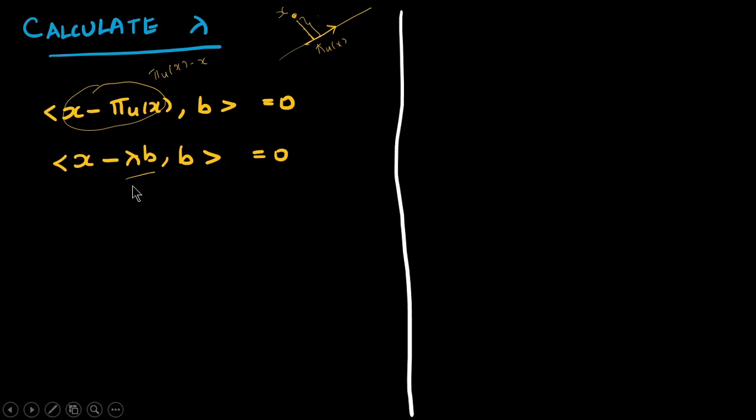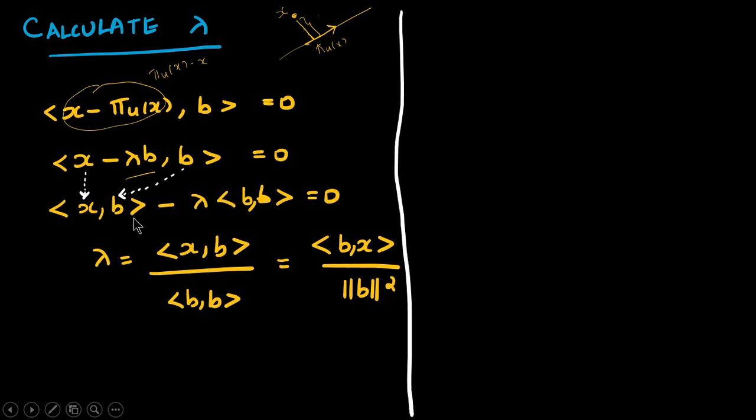So we replace that. Then we have to split it into two inner products, x b. So the inner product of x and b, minus lambda times the inner product of b and b, will be equal to 0.